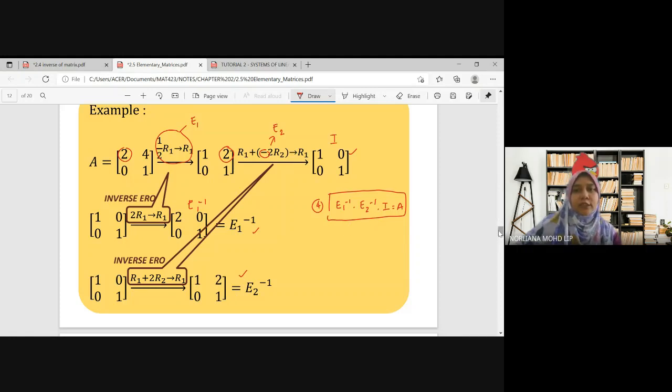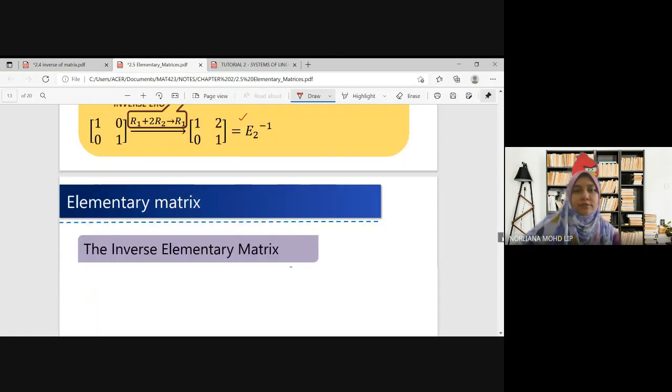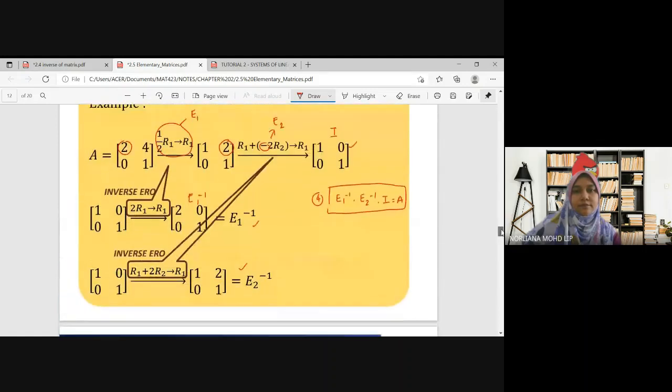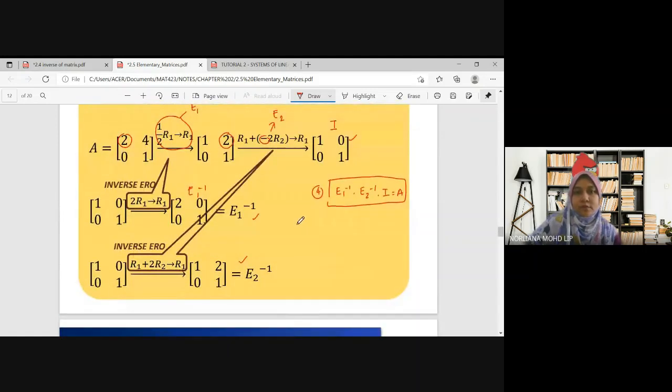Then awak proofkan guna theorem number 4. So 2 0 0 1 times E2 inverse 1 2 0 1, times 1 0 0 1 is equal to A. Dapat balik A, 2 4 0 1.